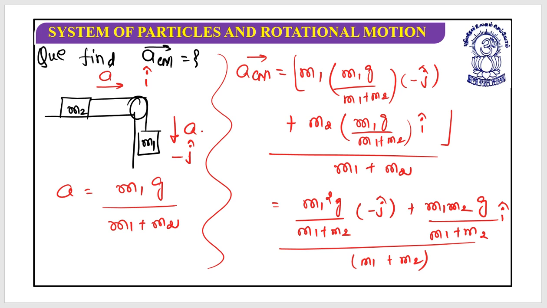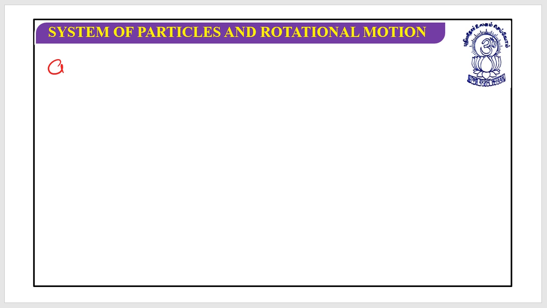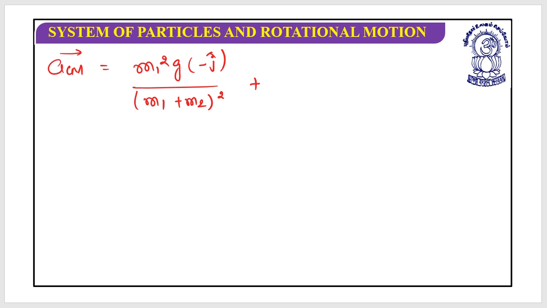Got it? So this ACM could be written as m1 square g minus j cap divided by m1 plus m2 whole square, plus m1 into m2 into g divided by m1 plus m2 whole square into i cap.